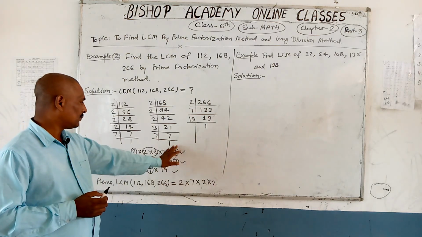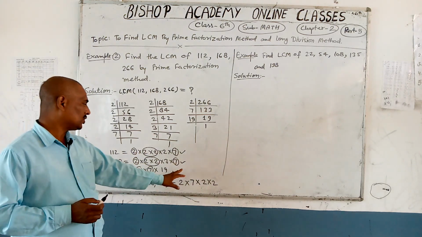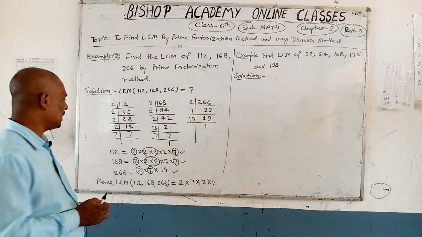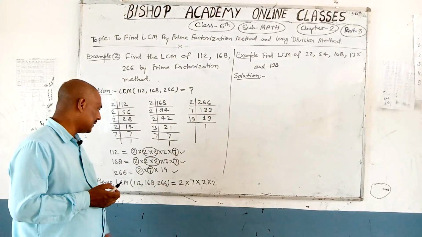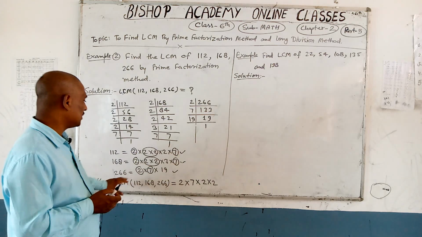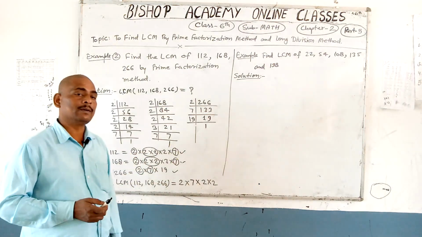Now you can see in the first and second no more common factors. And if you check in the second and third, you don't see any common factor. If you check in the first and last, there is also no common prime factor.